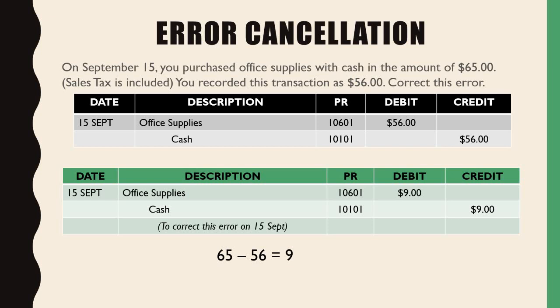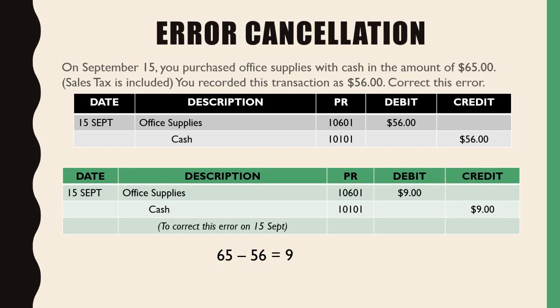That's also one of the ways that you can find out where your mistake is, as, oh, I am short $9. So therefore, in order to fix each account, if my account is reflecting at 56, I need it to reflect as 65.